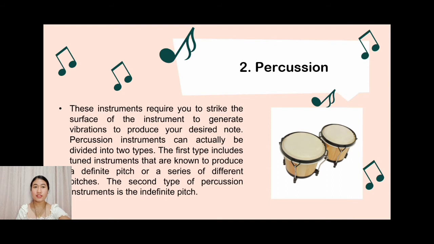Percussion instruments can actually be divided into 2 types. The first type includes tuned instruments that are known to produce a definite pitch, and the second type is the indefinite pitch.